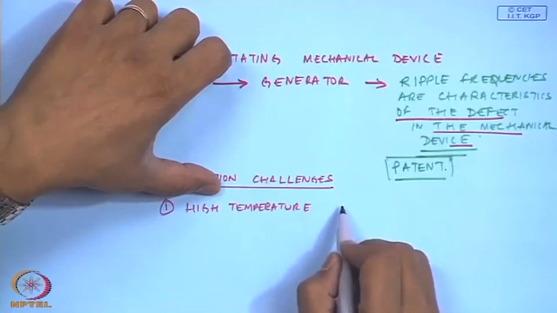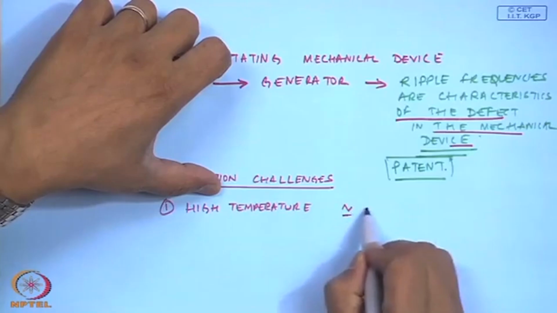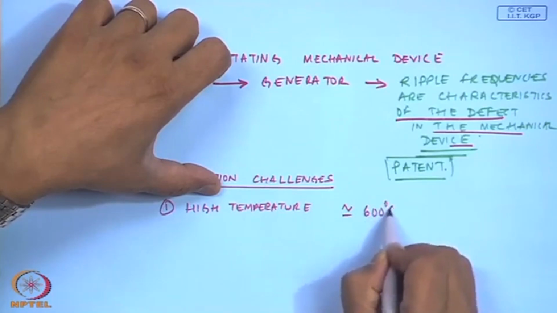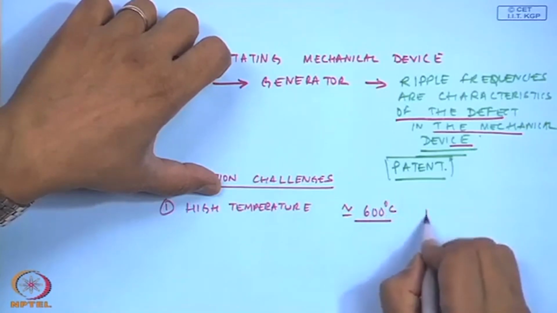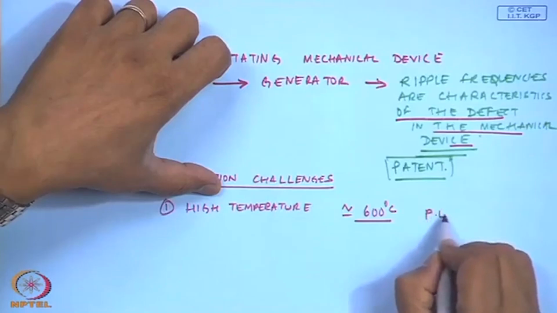In fact, they crack. I myself have lost a lot of magnets mounting accelerometers at locations with high temperature. I realized later on, once I had the cracked magnets. So, they have to withstand the high temperatures, and nowadays we have transducers which can go up to 600 degrees Celsius, piezoelectric accelerometers.